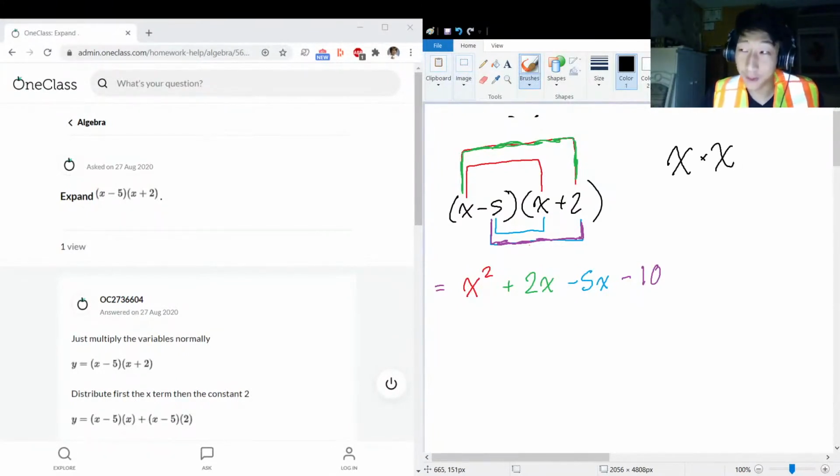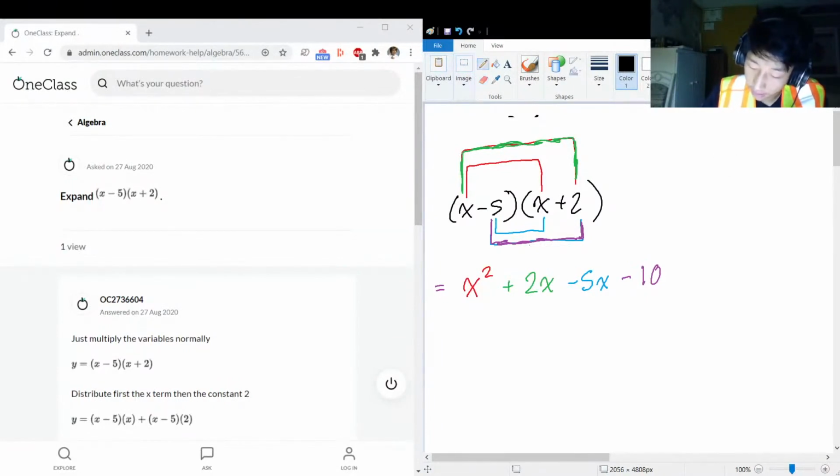Is that x to the power of 3 or x to the power of 2? It gets confusing. So in math, we start to get away from using x to represent multiplication. Instead, you do something like that. Variables beside each other is just multiplication.